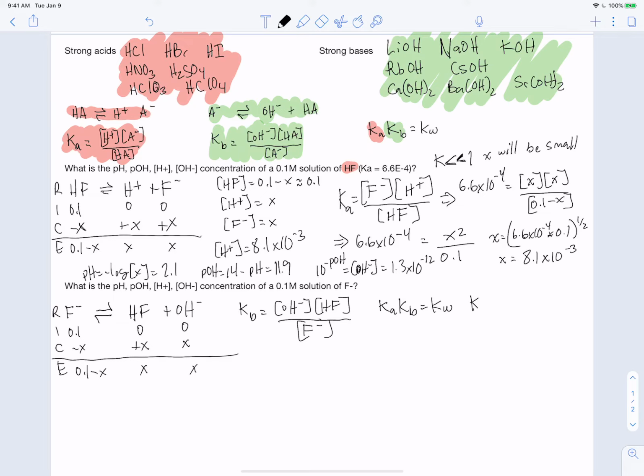So if we want to calculate Kb, we just say Kb is equal to Kw divided by Ka, which is equal to 1 times 10 to the minus 14th divided by 6.6 times 10 to the minus 4th. And we end up with a Kb of, let me punch it in my calculator. We've got 1 times 10 to the minus 14th, and we're dividing that by 6.6.